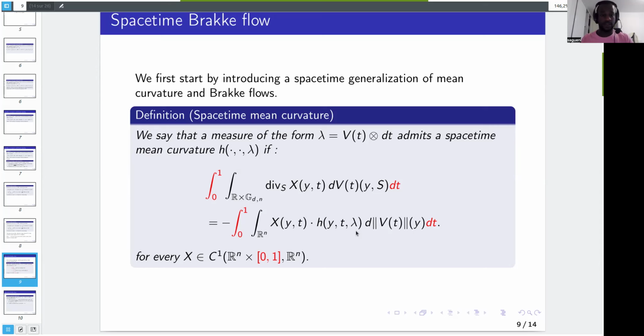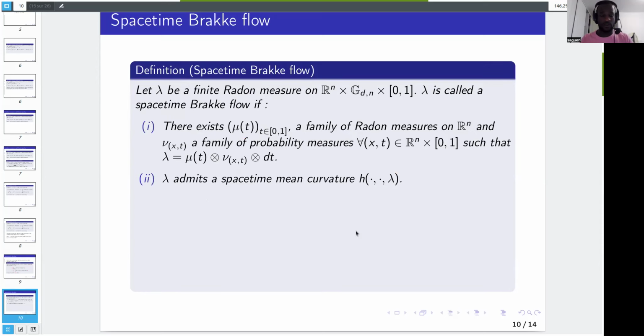Okay, so what we got, more or less, the flow we constructed when epsilon goes to 0 has the following property: it decomposes in this way. You have something defined on R, something defined on the Grassmannian, and dt. Because we start with something times dt, at the end we have something times dt.